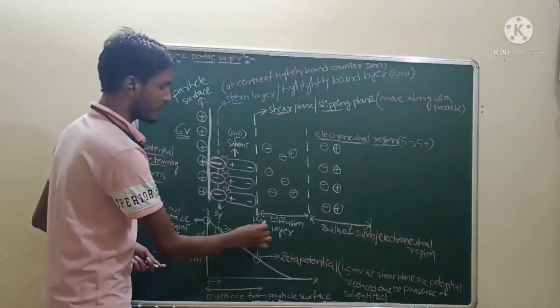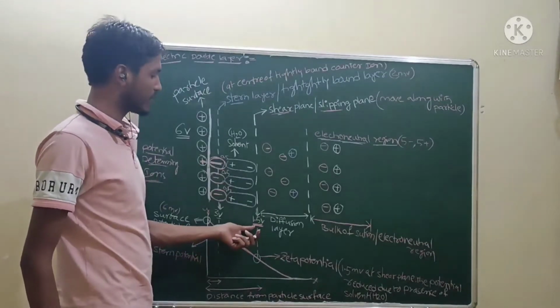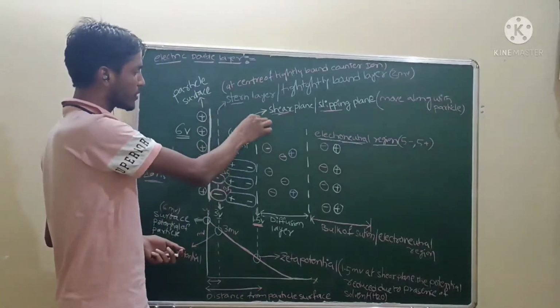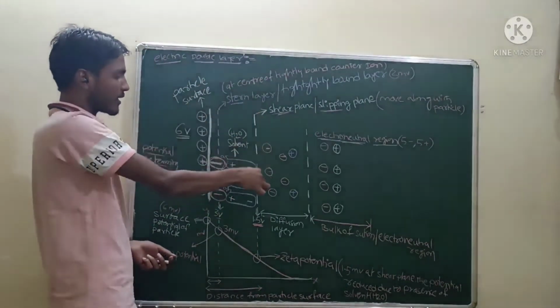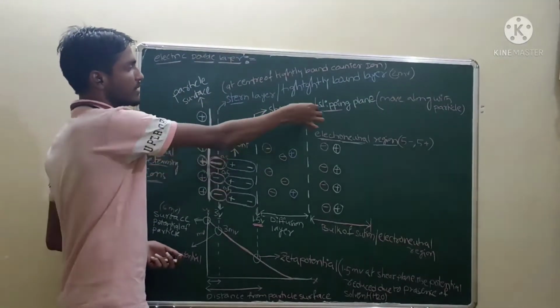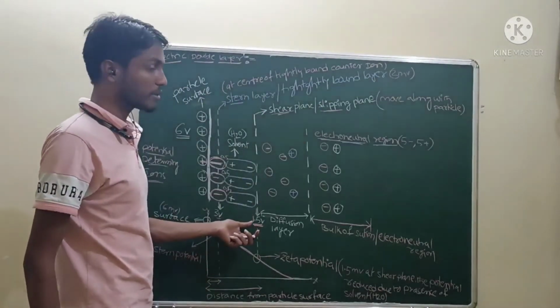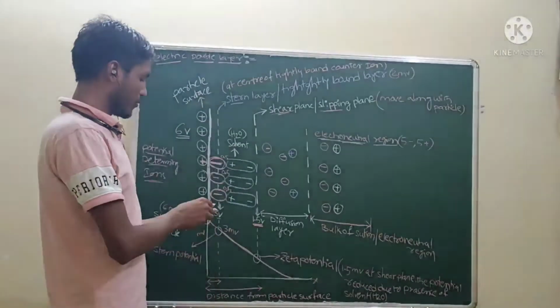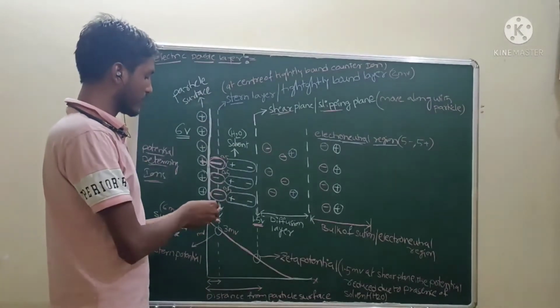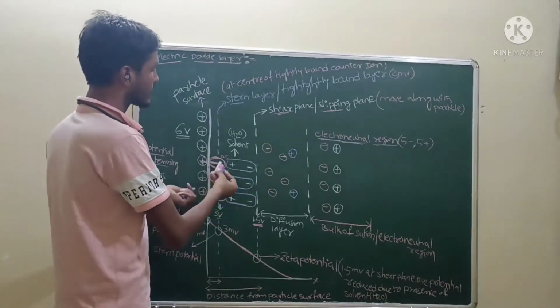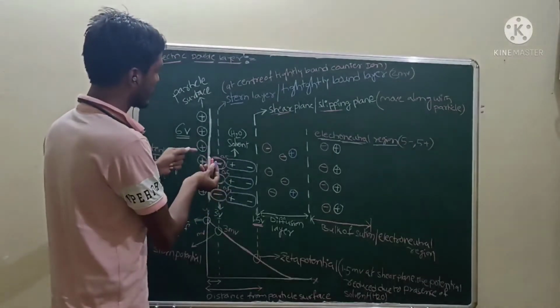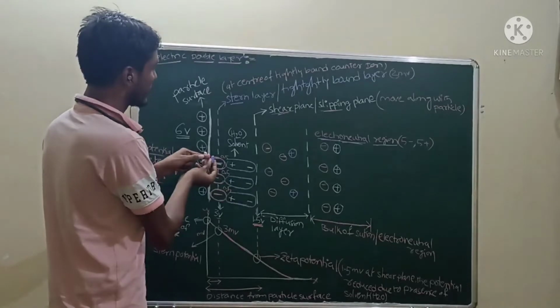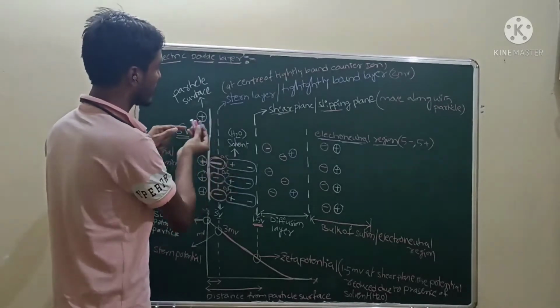This value we can call the zeta potential, meaning the total charge present on the particle can be determined by using zeta potential. Whenever the particle having all these layers moves, like particle surface, tightly bound layer and water molecules, all these move.